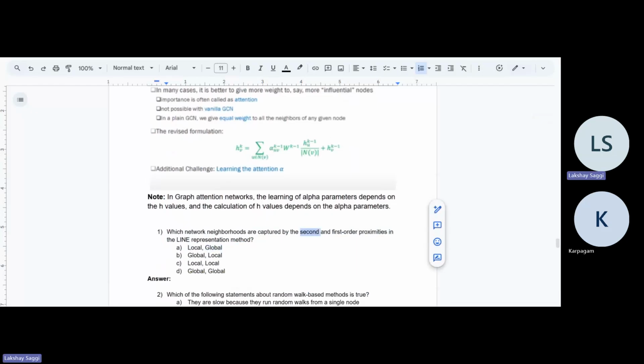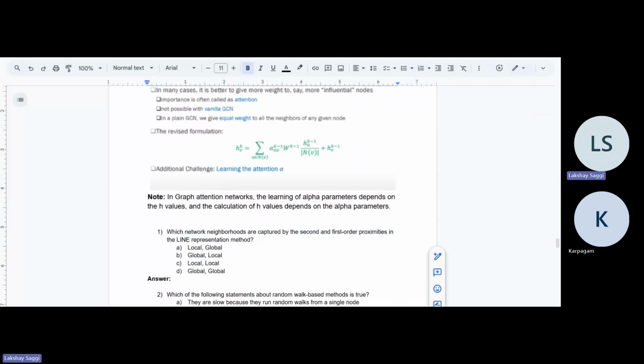Does second order proximity capture a local neighborhood or a global neighborhood? If you have an idea, would you like to attempt? Okay, you can't recollect. Okay, sorry.